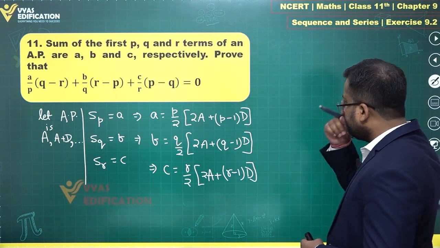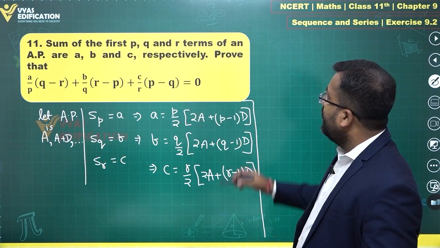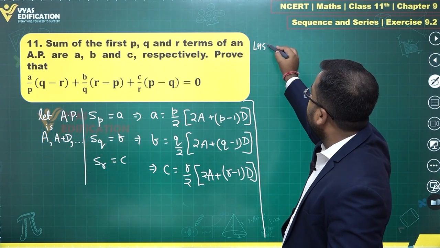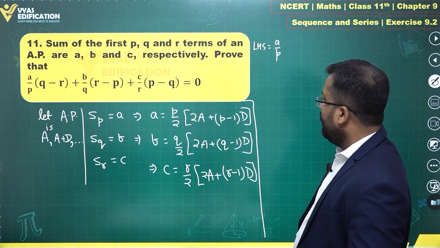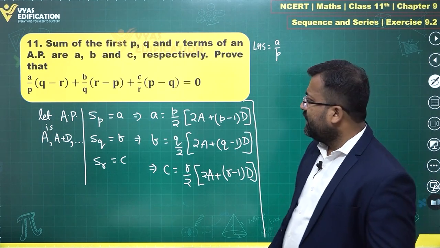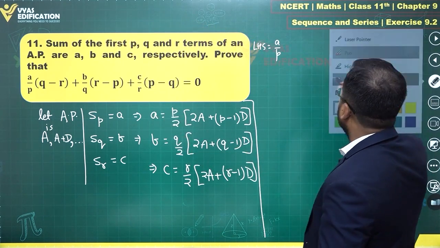So now, in that expression, the LHS is equal to a upon P. Let's do one more thing: let's multiply a upon P with Q minus R in this expression only.